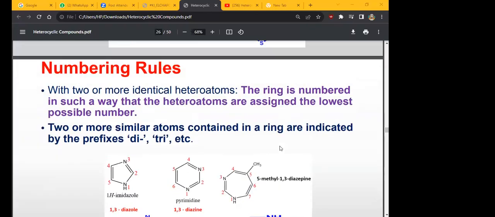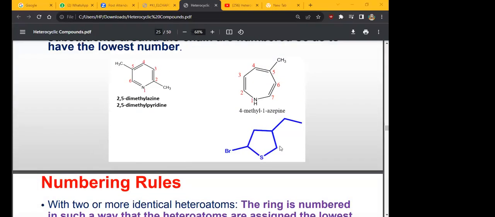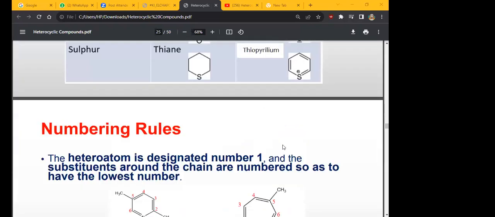But where there's the 5-membered ring of imidazole, there's one next to it. There's the second one, and then it says something like 2,5-dihydroimidazole.